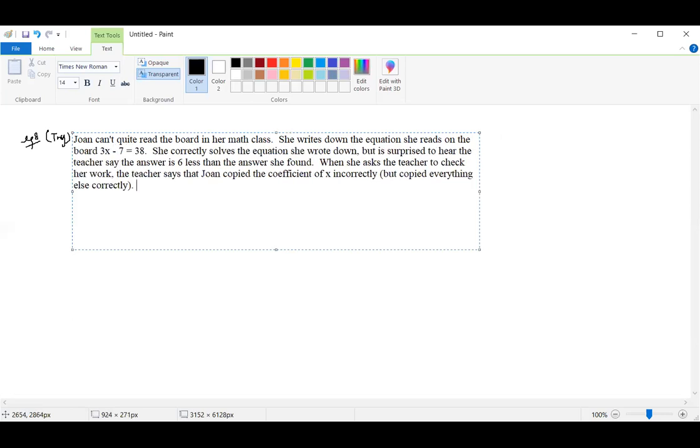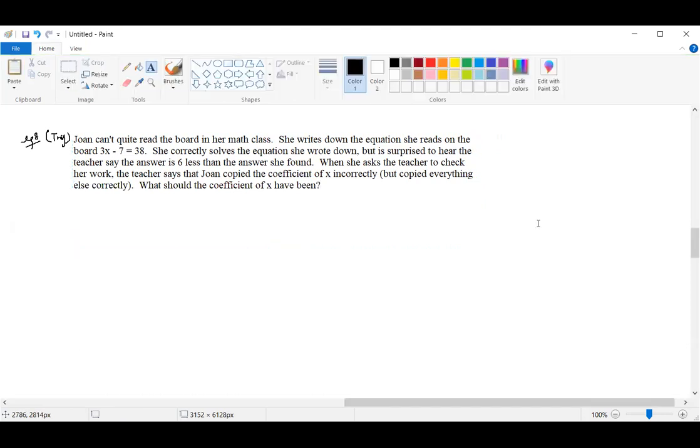So what should the coefficient of x have been? Please write down the question.